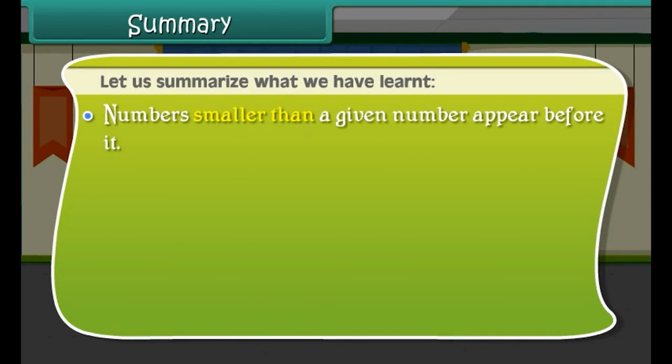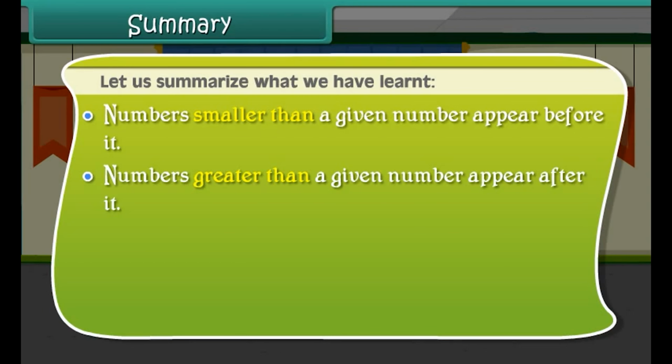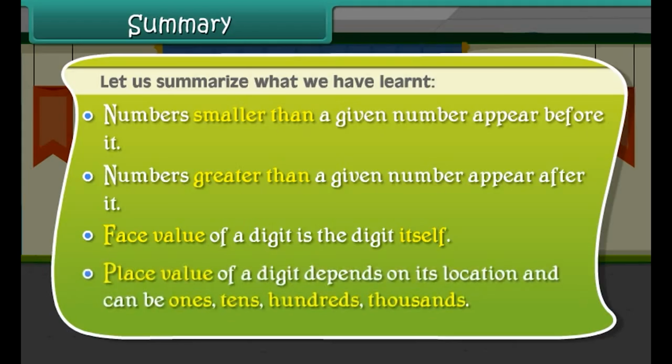Numbers smaller than a given number appear before it. Numbers greater than a given number appear after it. Face value of a digit is the digit itself. Place value of a digit depends on its location and can be ones, tens, hundreds, and thousands.